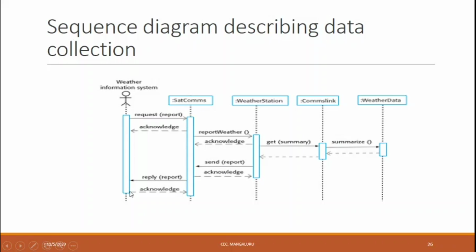Once the actual data is received, you can see the black arrow here. So the report has been received, as per the requirement of the customer. This is the sequence diagram for the weather station.